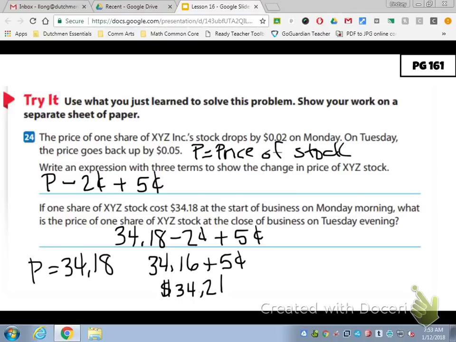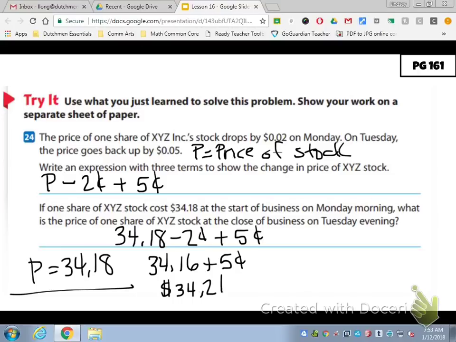Now it says, on the second part, if 1 share of XYZ stock costs $34.18 at the start of business on Monday, what is the price when it closes on Tuesday? Well, basically they're telling us that P, or whatever variable you used, is $34.18. So you plug it in.